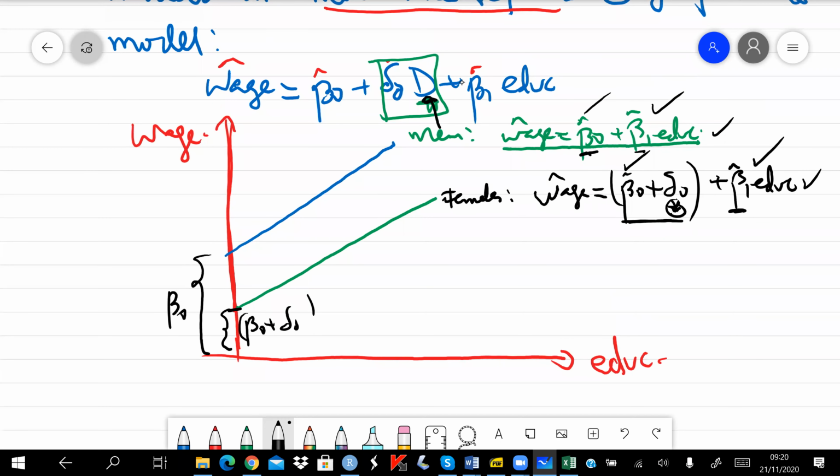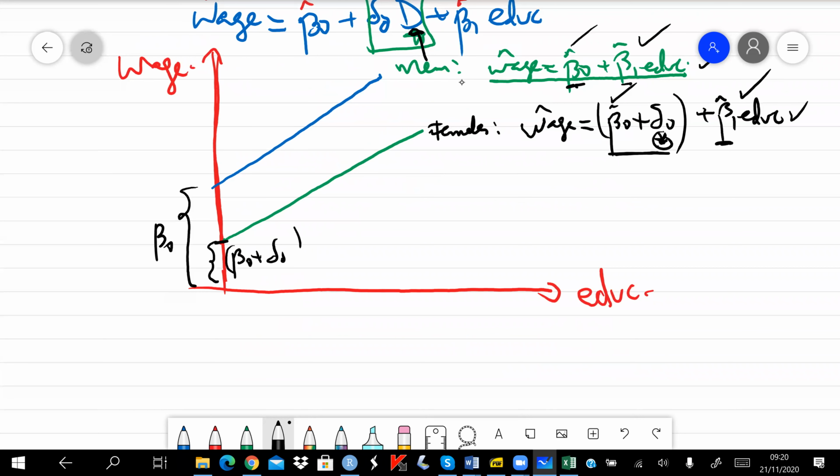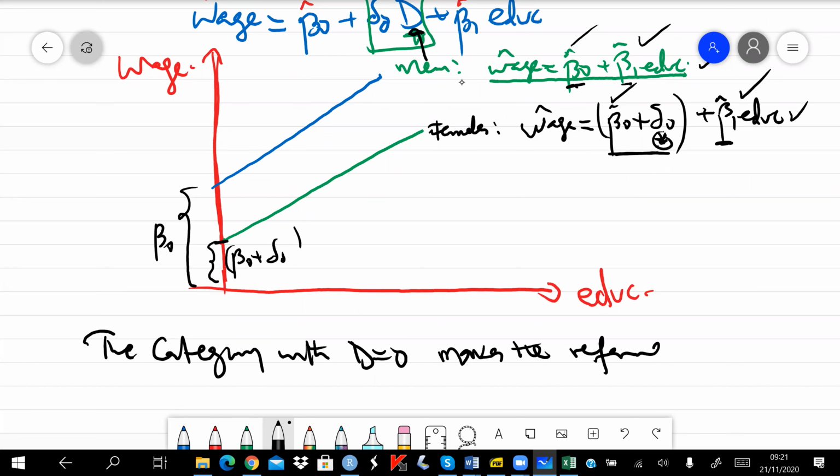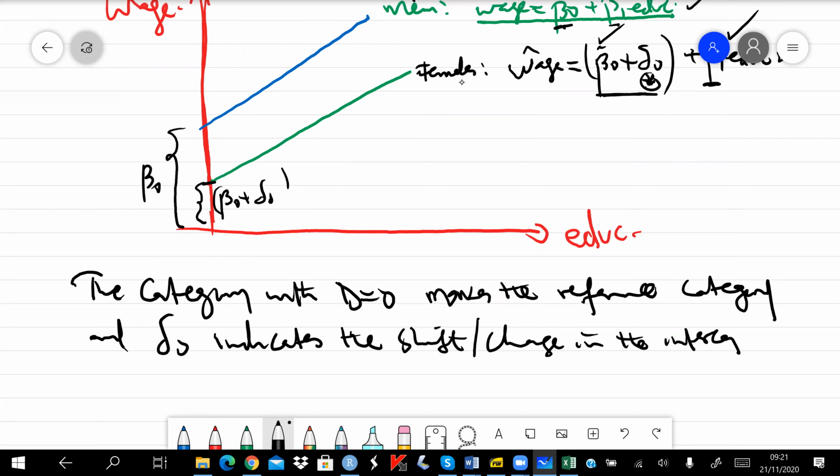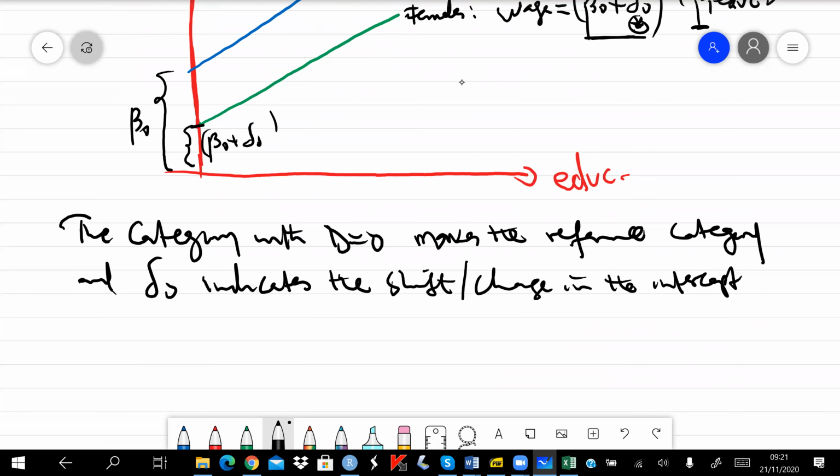Then we can say that the category with D equal to 0, that is the males, we make the reference category, and delta naught indicates the shift, or change, in the intercept with respect to the reference category.